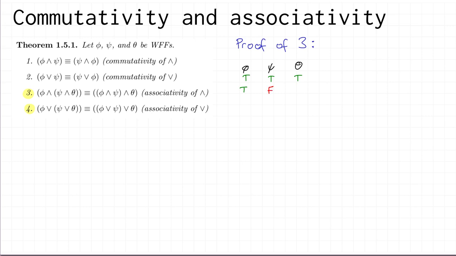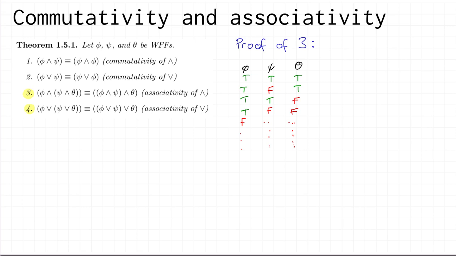So it could be like this, or it could be like this, okay, or it could be like this, okay, or it could be right, and so on. There are 8 different combinations in total.